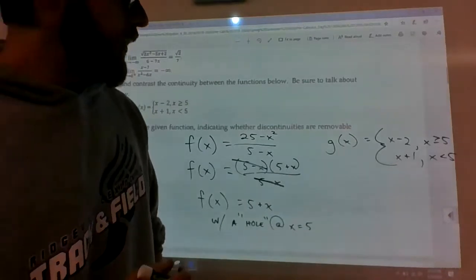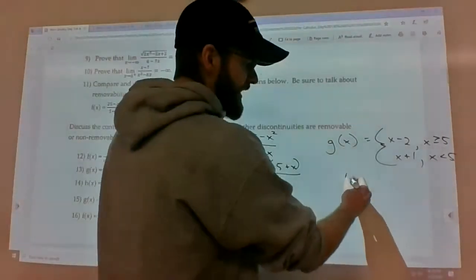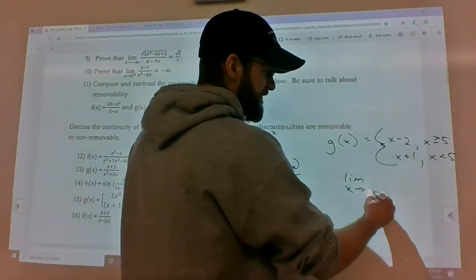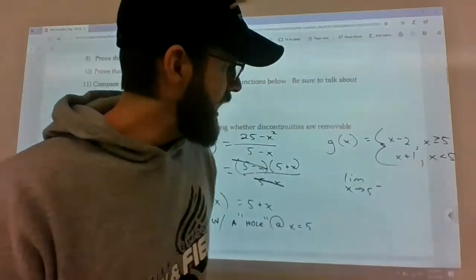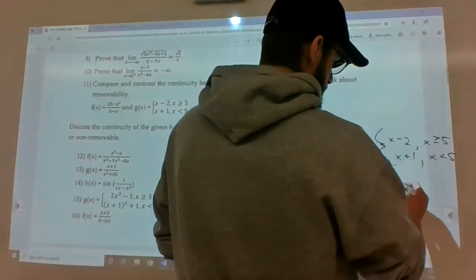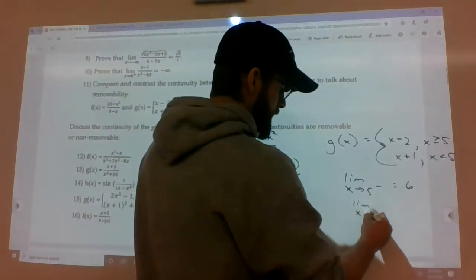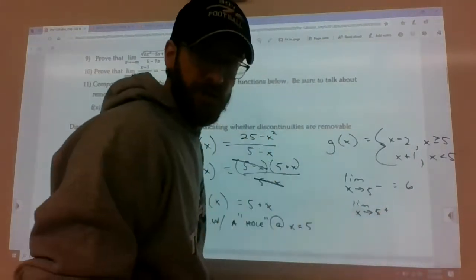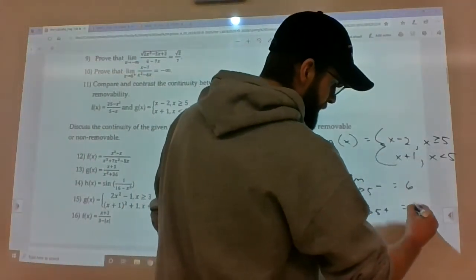On the right, though, when I take the limit as x approaches 5 from the left, that would be the bottom piece. You plug in 5 for the x, it's 5 plus 1 is 6. And on the top, that would be the limit approaching 5 from the right. 5 minus 2 is 3.